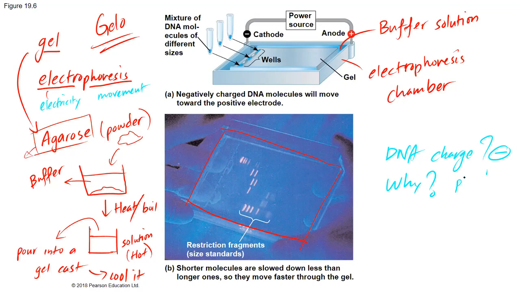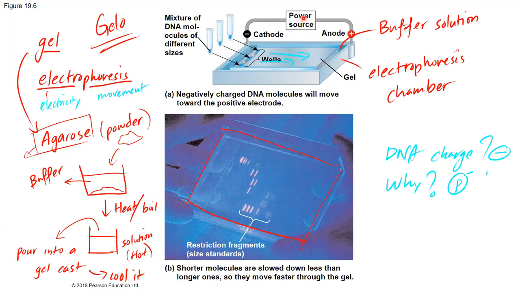Yes, because of the phosphate groups. So now we put the DNA here on the negative side, and the DNA will be moving in this direction towards the positive electrode, because negative moves towards positive.